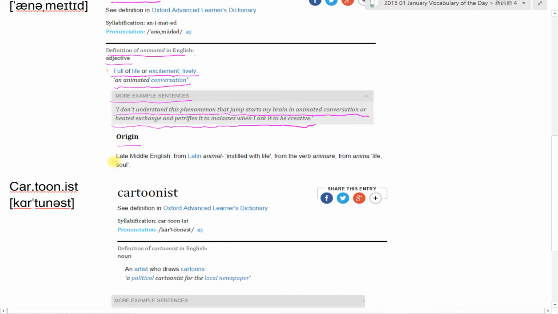Origin. Late Middle English from Latin animate, instilled with life, from the verb animare, from anima, life, soul.